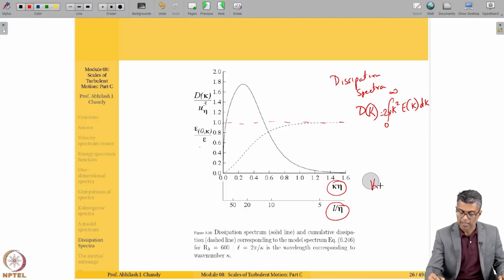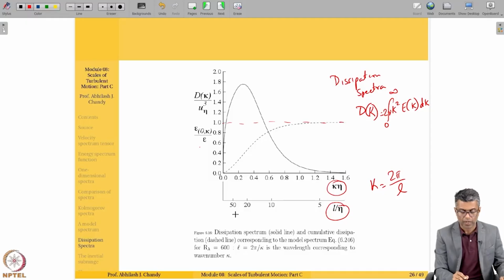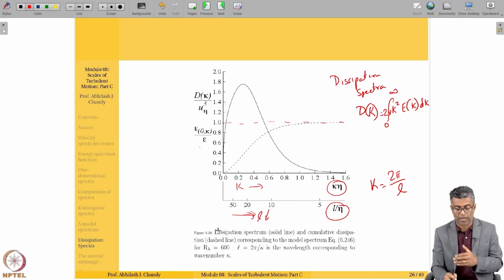We typically write kappa as 2 pi over L. So kappa is inversely proportional to L, of course, and that is why you have L decreasing here, whereas kappa is increasing here, isn't it? L is decreasing along the x-axis as you go from left to right, whereas kappa is increasing as you go from left to right, because L is inversely proportional to kappa. So that is the plot, right? This is the dissipation spectrum and the cumulative dissipation plotted here.